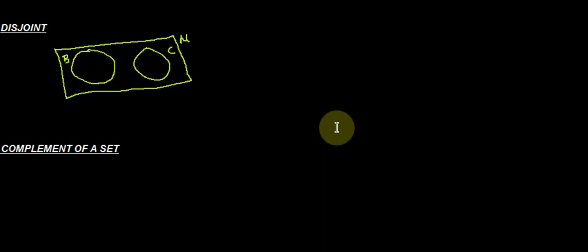Let's say we have set A, illustrating using a diagram. Let's say we have a set like this. This is set A, and it is inside the universal set.